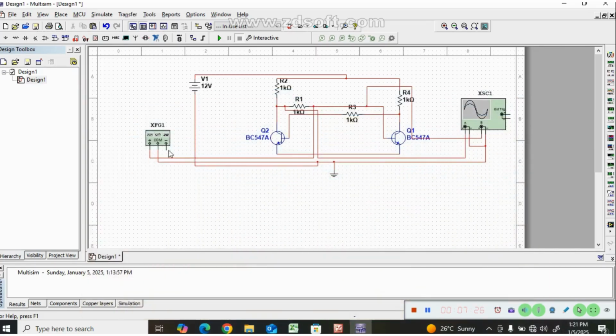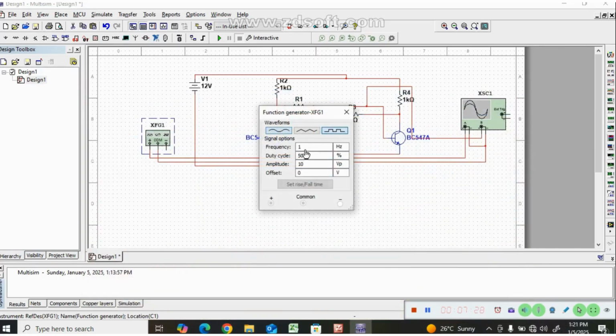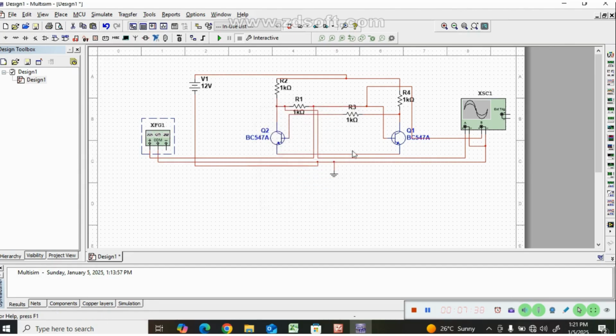Then we set the input to 10 Hz, and the respective peak voltage we can fix at 2. Now we verify the output of both transistors.